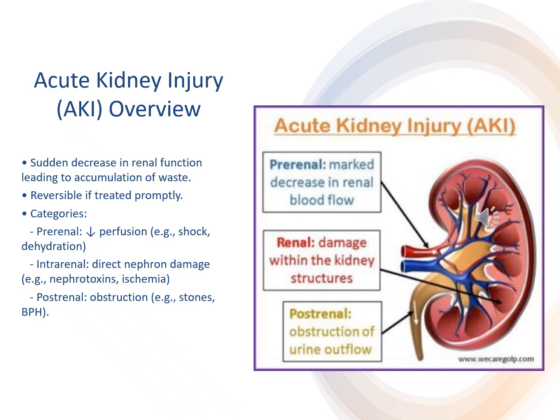Now, AKI is a sudden decline in that kidney functioning. So what you'll have with your lab results are a severe, sudden increase of the BUN and creatinine. You're also going to notice a fluid and electrolyte disturbance that you'll see on labs as well.